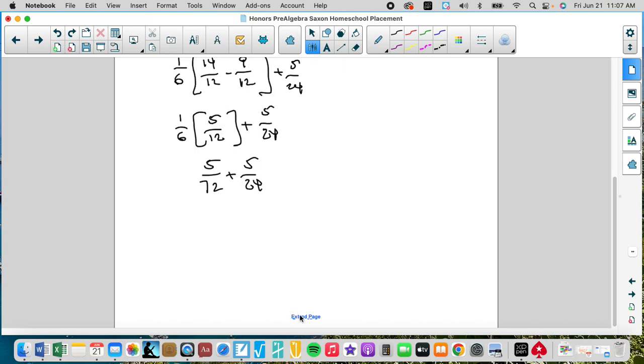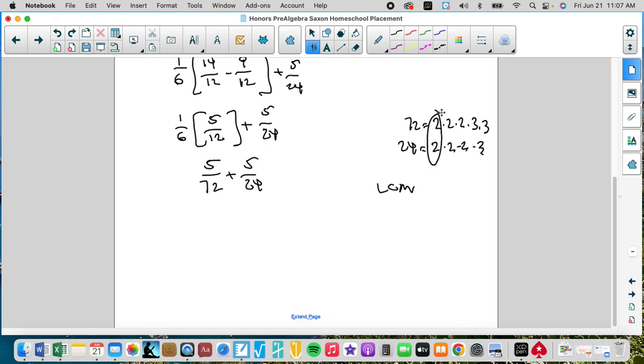What's the common denominator of 72 and 24? Well, we can do multiples. 72 is 8 times 9, which is 2 times 2 times 2 times 3 times 3. 24 is 4 times 6, which is 2 times 2 times 2 times 3. LCM, what do they have in common?